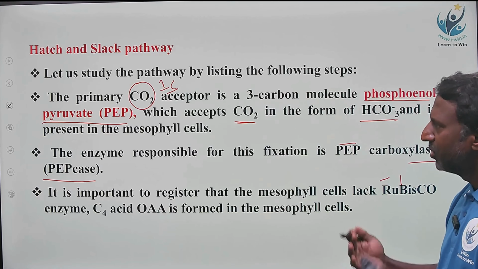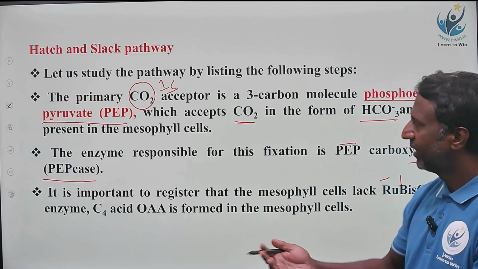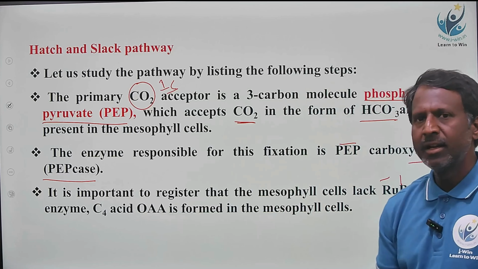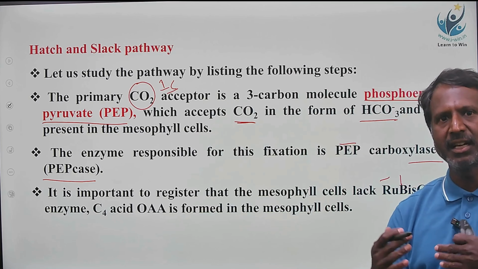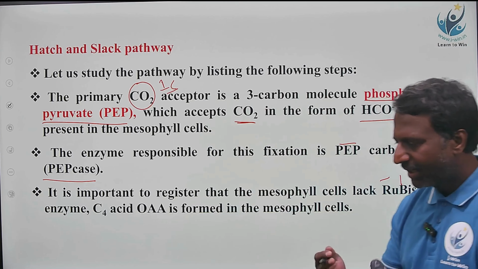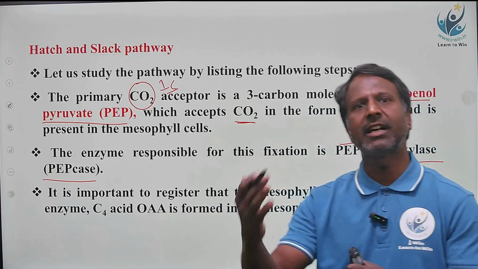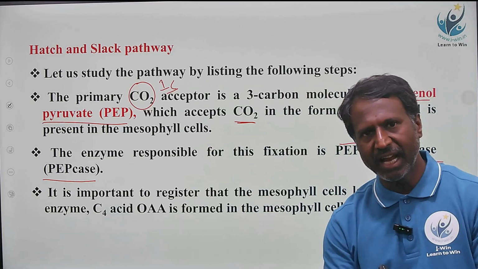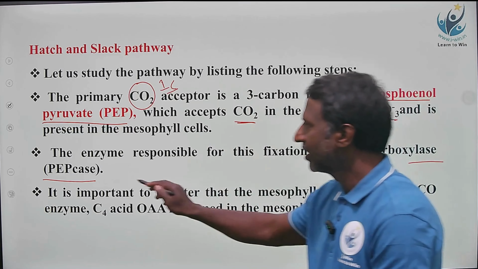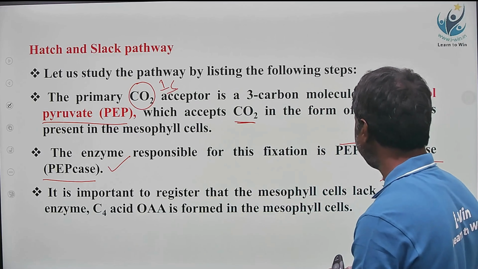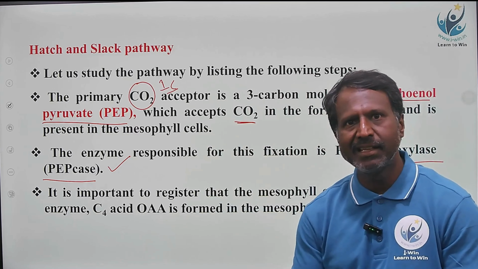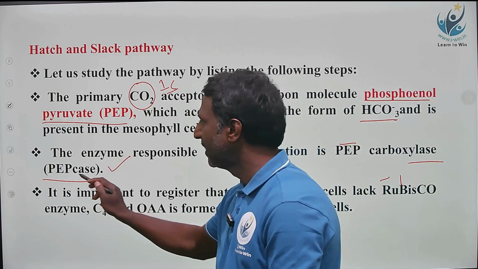Because it reacts with phosphoenol pyruvate, a 3-carbon compound, which reacts with the carbon dioxide. For this reaction, this enzyme plays an important role. What is the name of that enzyme? PEP carboxylase. Shortly we call it PEP case.